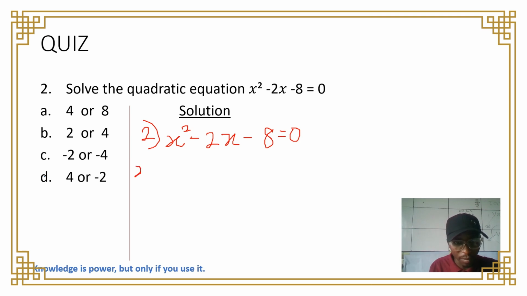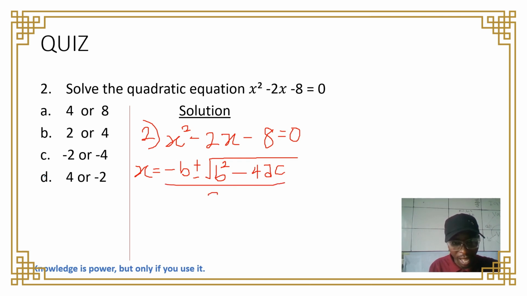Let's get our quadratic formula, which is x equals minus b plus or minus square root of b squared minus 4ac over 2a.